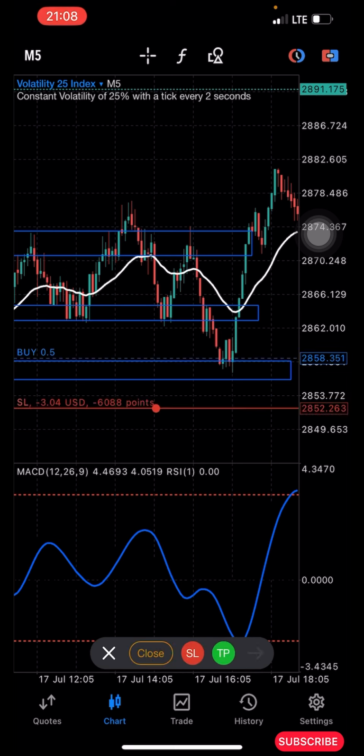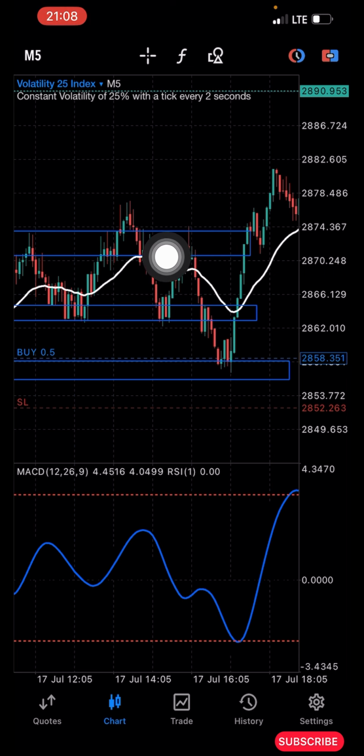It went to this area, got rejected by this resistance, then came back down here, triggered my third buy limit order, and then broke above our resistance here, broke here again, went up, retested, and you can see it's heading to this area. This is my TP area here, and I'm waiting for price to get there.